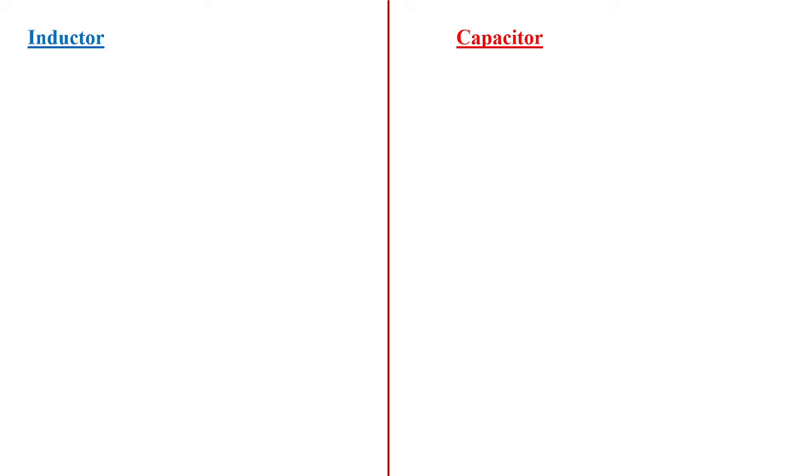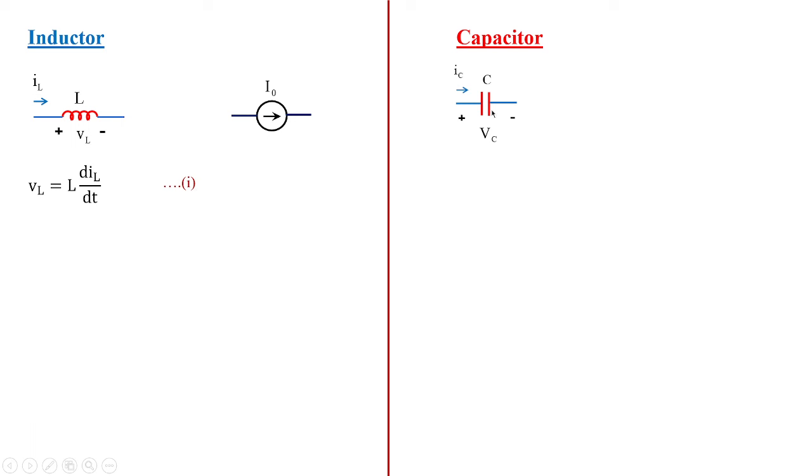Apart from this, remember the formulas for inductor and capacitor: when a current flows through an inductor, the voltage developed across the inductor is given by VL is equal to L di by dt, and this I am framing as equation Roman 1. Under capacitance, when current flows through the capacitor, the current is given by C dVc by dt.